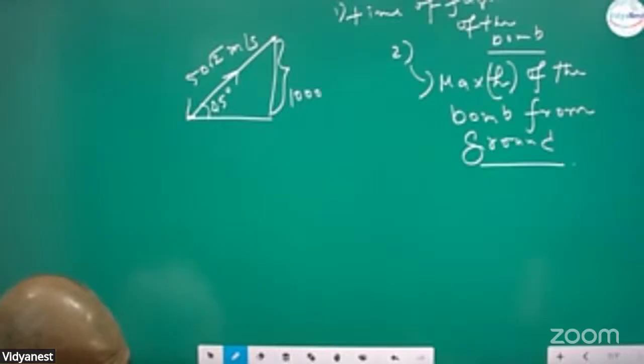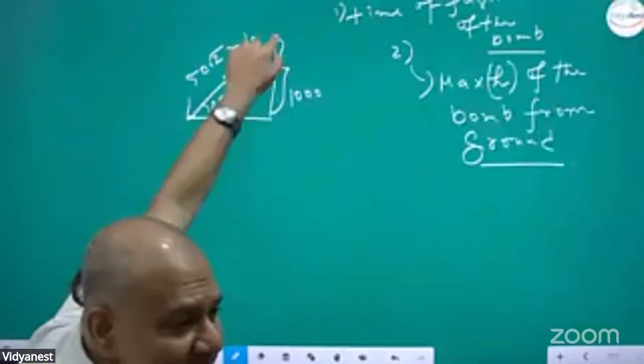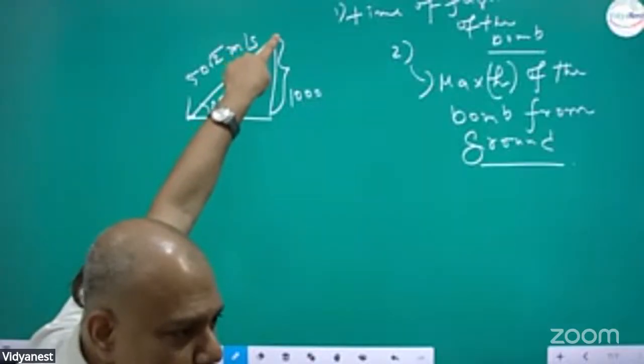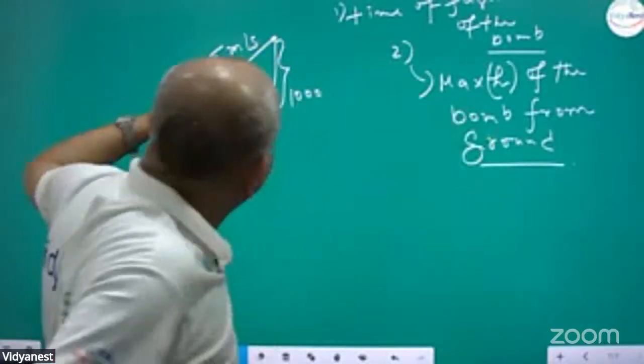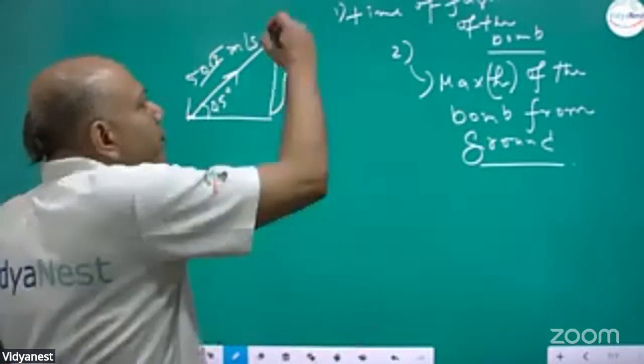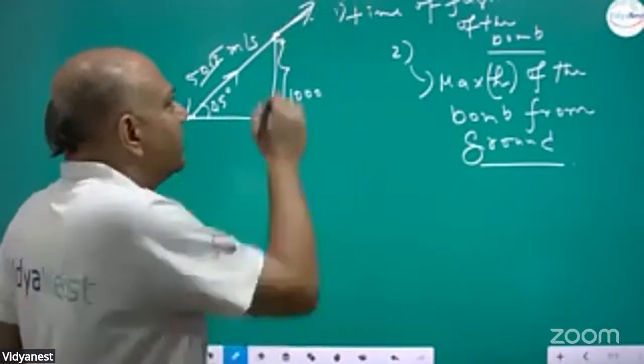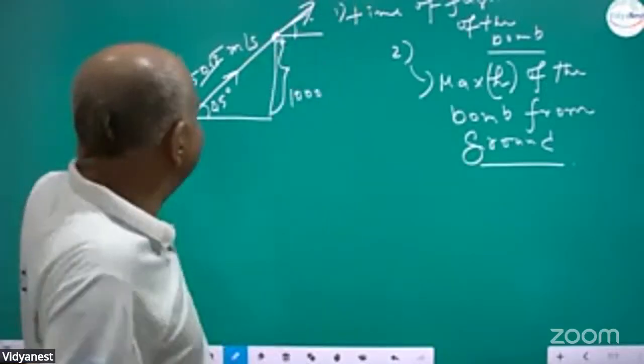Will I help? First we will try. Okay, try a little bit. Ayush, are you trying? Just one hint I will give, not extra. Whenever the bomb is released, because the plane was rising at angle 45 degree with this much velocity, the bomb will start moving in that direction, making angle 45 degree with the same speed.